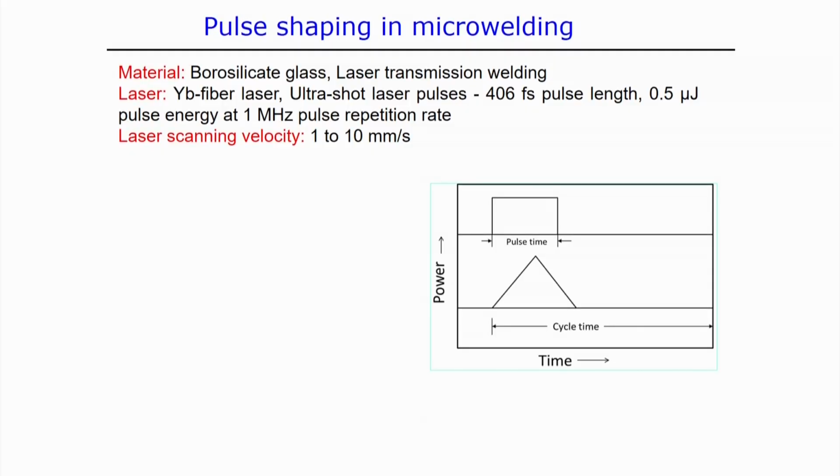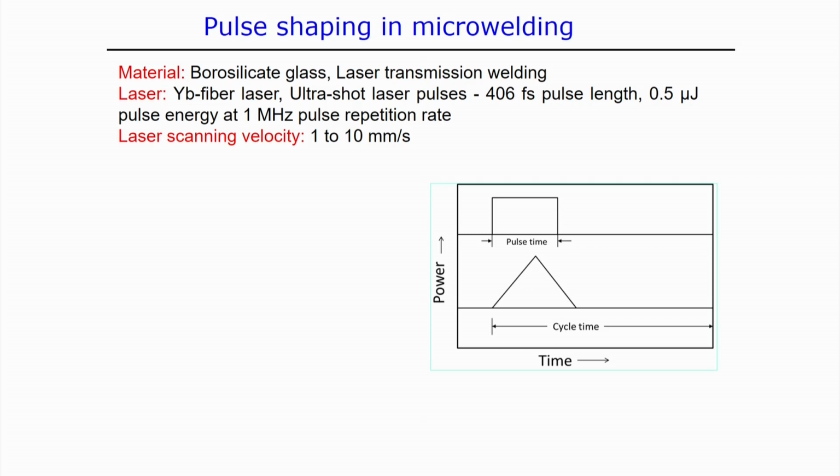Let us consider the material borosilicate glass, and the laser welding process is laser transmission welding. A fiber laser has been used, an ultrashort pulse laser, the pulse duration is 406 femtosecond pulse width and the pulse energy is 0.5 microjoule.